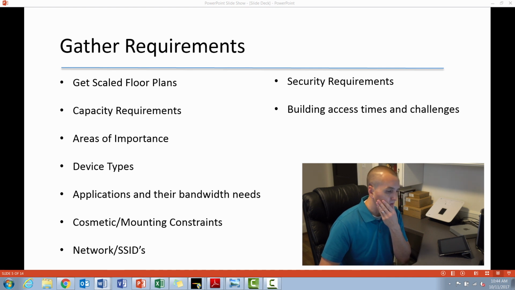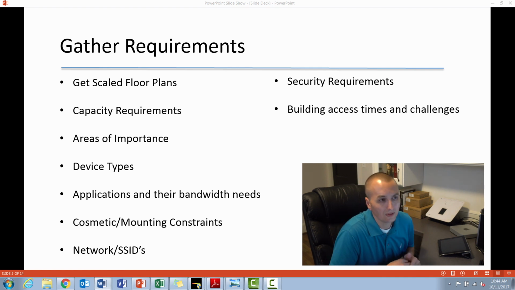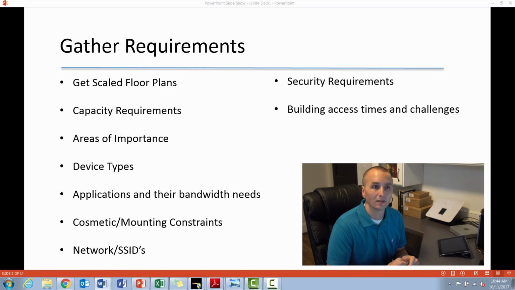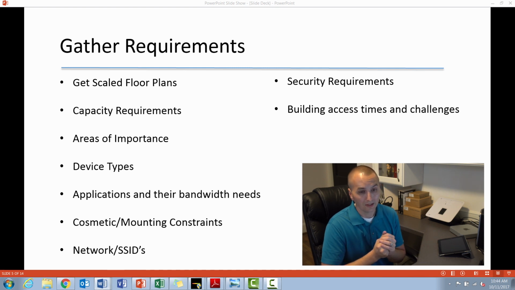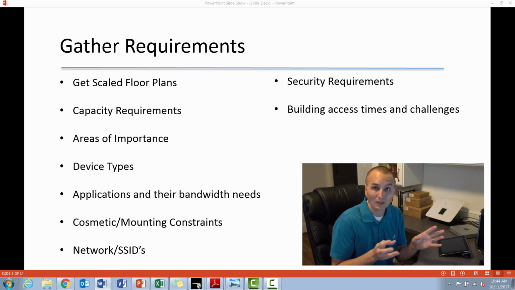Moving on here, so the other thing you need to be careful of is everybody has different thresholds of cosmetic constraints, if you will, mounting, things like that. So you got to understand what's acceptable and what's not, what areas can be used and what can't when it comes to mounting APs. I work with a shop that's a Ruckus shop, and so everything with Ruckus is kind of off-white cream.